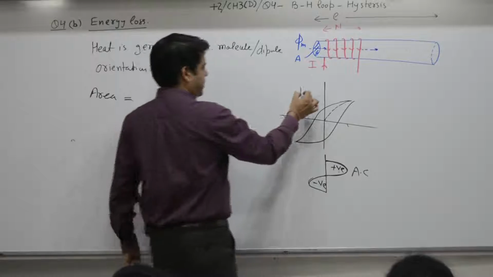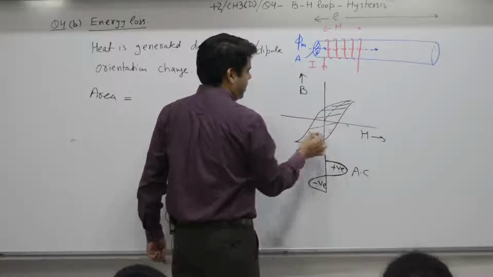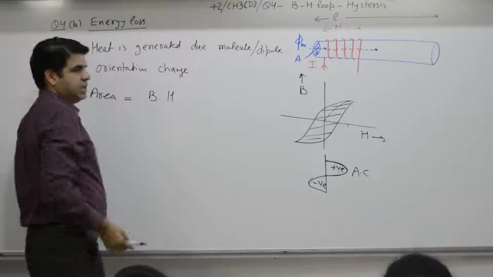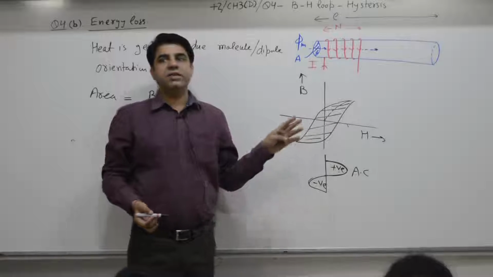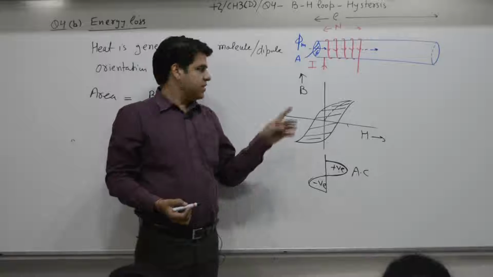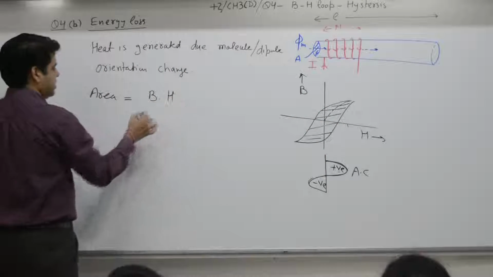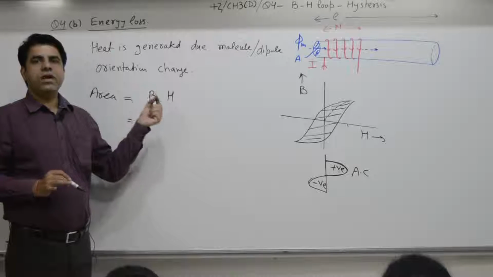If this is B, this is H, then area of the graph is equal to B into H. Am I right? Like, if it is velocity, this is time. Area under velocity time graph gives you displacement. Agreed? So if it is B, it is H. Area under the graph is what? B into H.